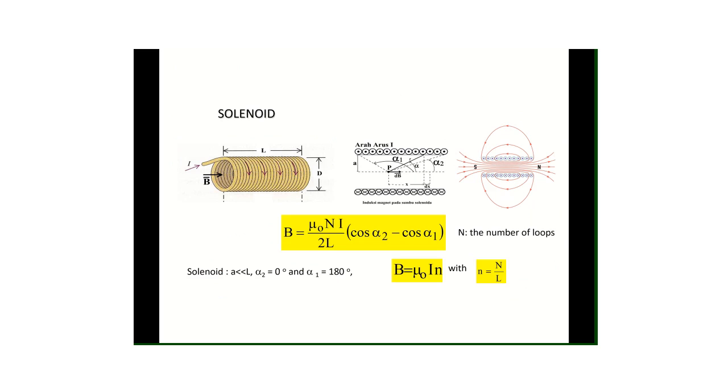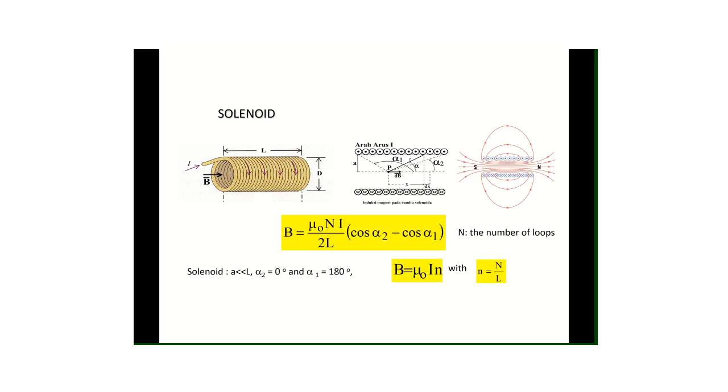You can prove that the magnetic field of solenoid is equal to μ0 n I over 2l times (cosine α2 minus cosine α1). So n here is the number of loops, because if we have a look at the solenoid more detail, solenoid actually consists of some number of loops.